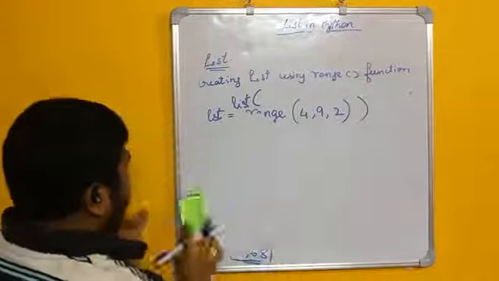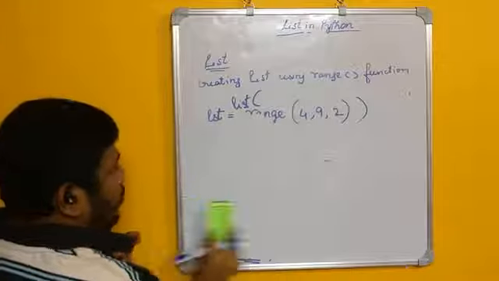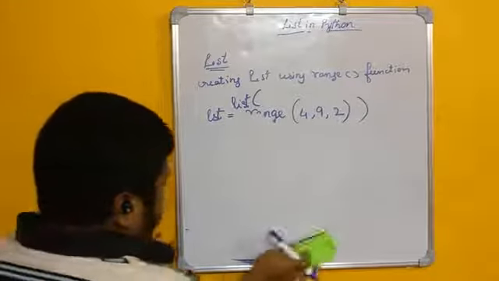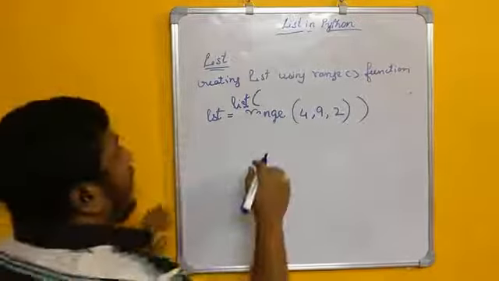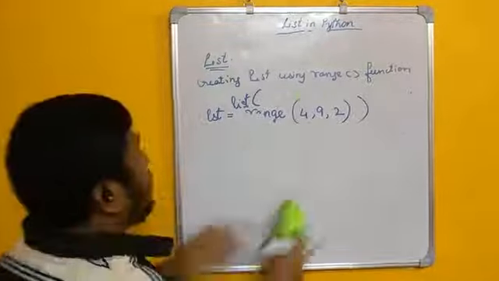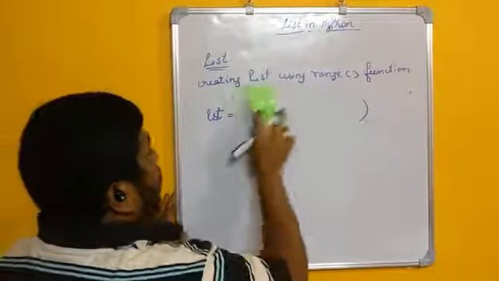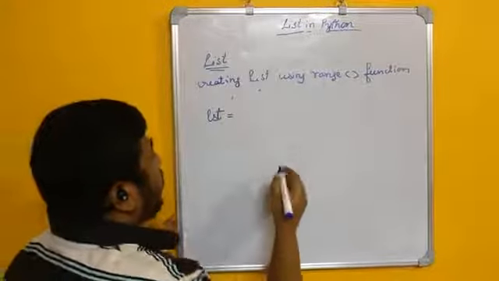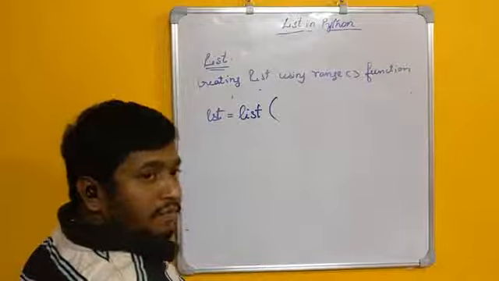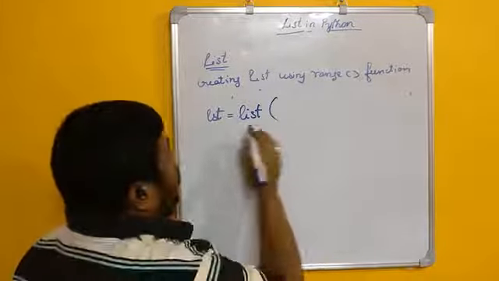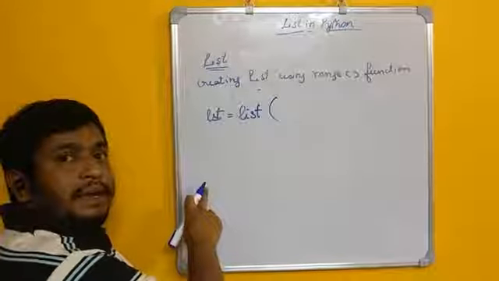So if we only store the range, then we cannot print the elements. It will only generate and keep it. It will not print the elements. So if we want to print the elements created using a range, we have to first create a list. Only list elements can be printed.